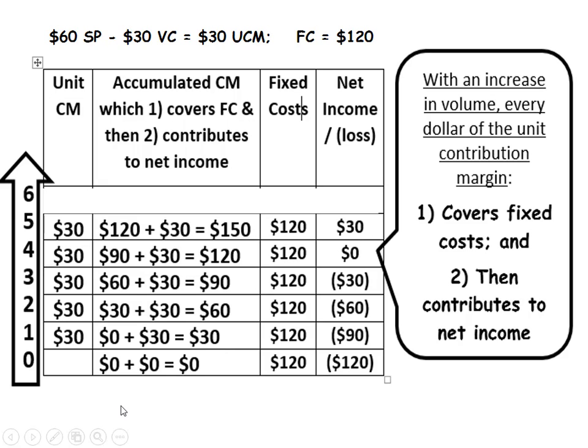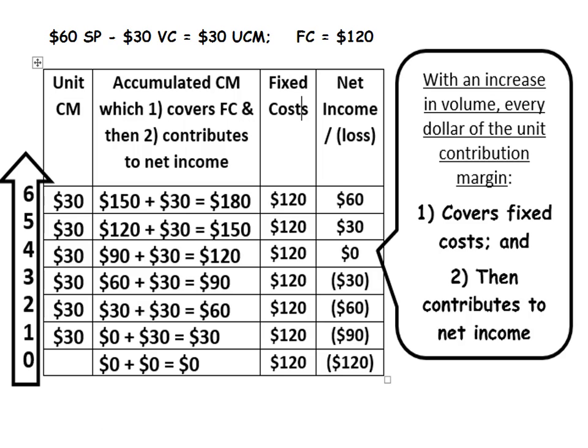Okay, now we go on to the volume of 6. Again, a $30 contribution margin. My accumulated contribution margin from the first volume of 5 items is $150, plus my $30 additional contribution margin. Now my accumulated contribution margin is $180. We compare that to our fixed cost of $120, and you can see now my net income is equal to $60.